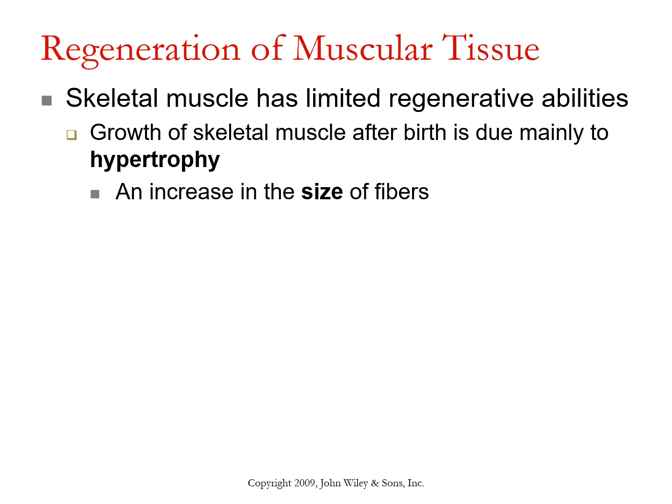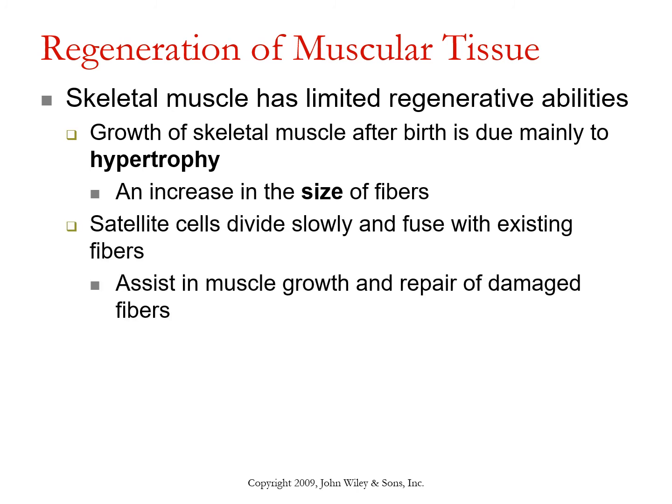We mentioned earlier that skeletal muscle tissue is highly differentiated and has limited capacity to undergo cell division. Essentially, you're born with all of the muscle cells that you're going to have for life. And after birth, growth of muscle tissue is mainly due to hypertrophy, which is an increase in the size of the individual fibers.